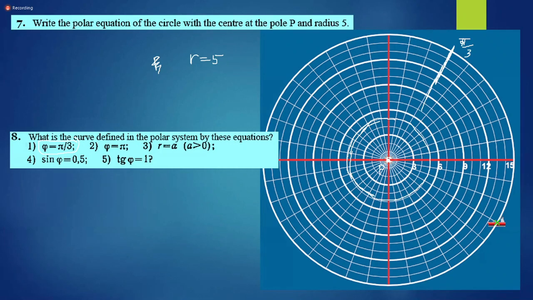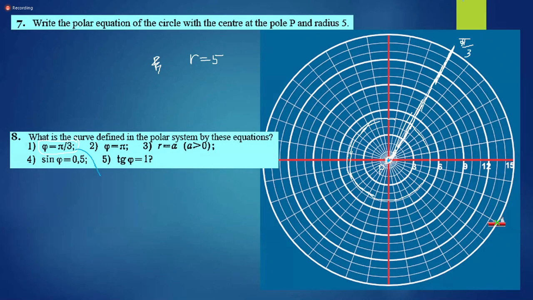The thing is that at the origin, we do not have any angle. The point 0, 0, the point with 0 coordinates, does not have any angle. We are not considering it as having any angle at all. So basically we have a half line, not a complete line, because it only goes in this direction, pi over 3, but not in the negative direction, not to the opposite side.